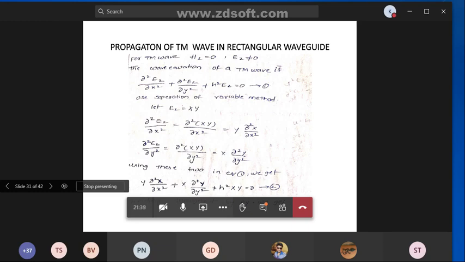Substituting these two in equation 1, we get Y into dou square X by dou x square plus X into dou square Y by dou y square plus h square XY equal to 0.